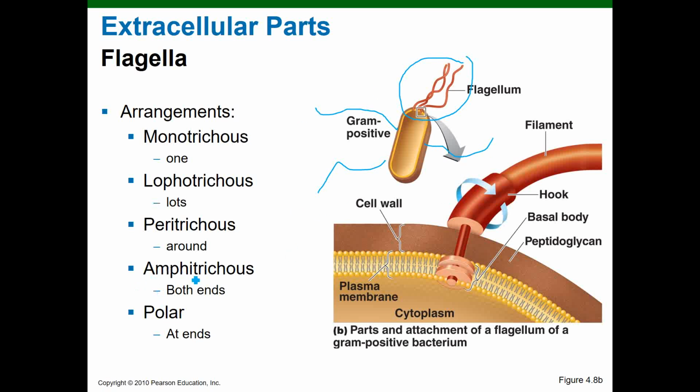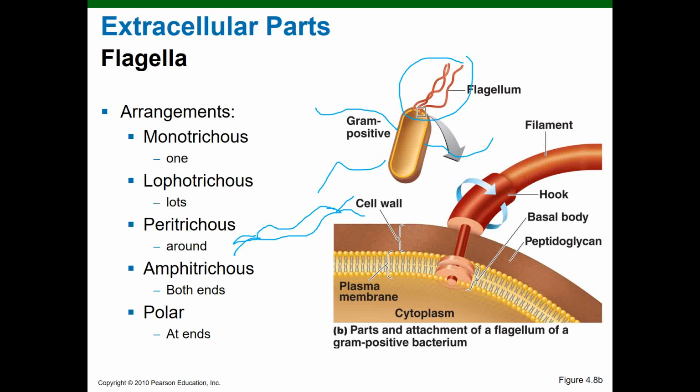You also have bacteria that can be amphitrichous, like some spirochetes. If this is a spiral-shaped bacterium with flagella at this end and at this end, he would be considered amphitrichous, and also polar. This guy would be a lophotrichous polar bacterium.